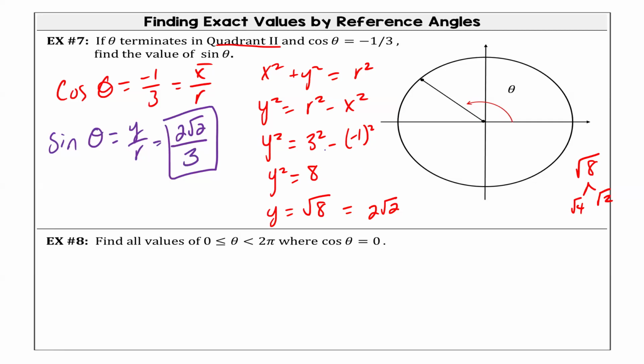We're not adding, we're subtracting. So how is the square root of 8 the simplified form? Because you evaluated the square root inside. Square root of 8 is made up of a perfect square. So you evaluate the perfect square: the square root of 4 and the square root of 2.